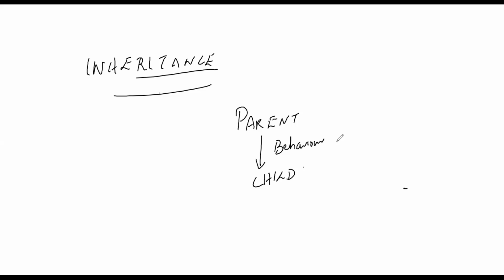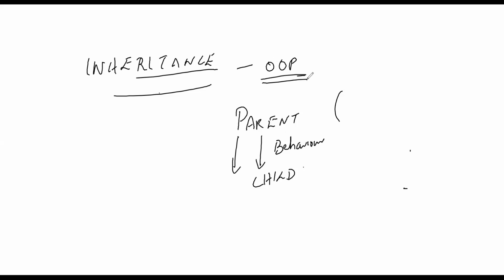The behavior of the child is taken from the parent. If a child is receiving a lot of money or gold, inherited property, that is inheritance. So this same concept is used in object oriented programming, OOP.